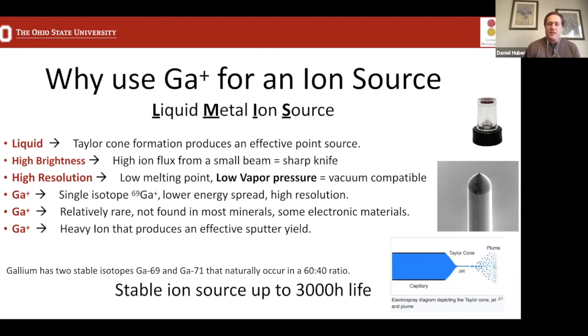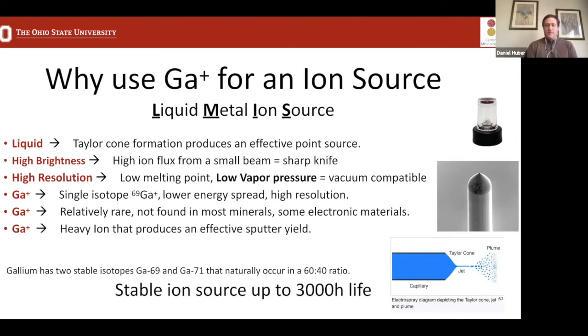So if we were to put that into the microscope and pull a vacuum on it, the mercury would actually be evaporating and filling the chamber full of mercury vapor, which would not be desirable. Gallium has a very low vapor pressure. It gives us very high resolution in the vacuum. The better the vacuum, the longer the mean free path of the electrons and the ions, and basically the better our resolution is going to be.